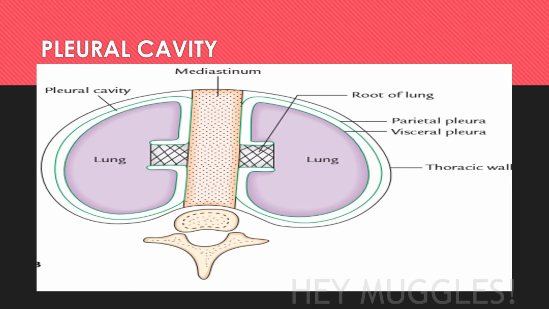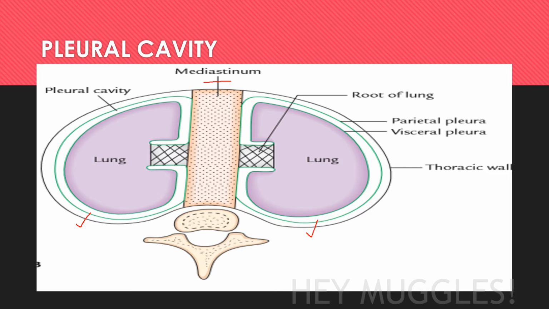Okay. So the thoracic cavity is divided into three compartments, right? This is your left lateral compartment, and this is your right lateral compartment. And this is your middle compartment. The middle compartment contains all thoracic structures except your lungs.